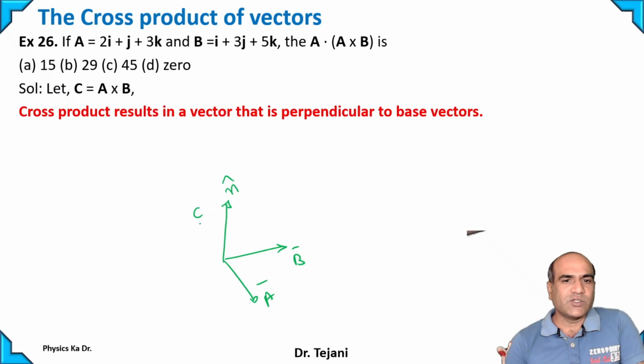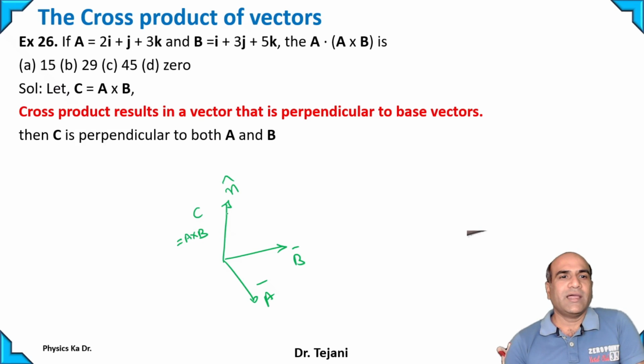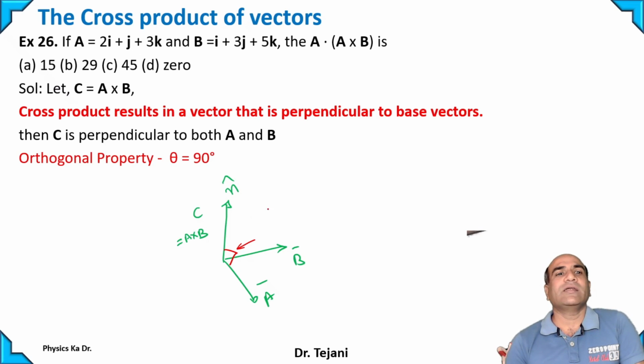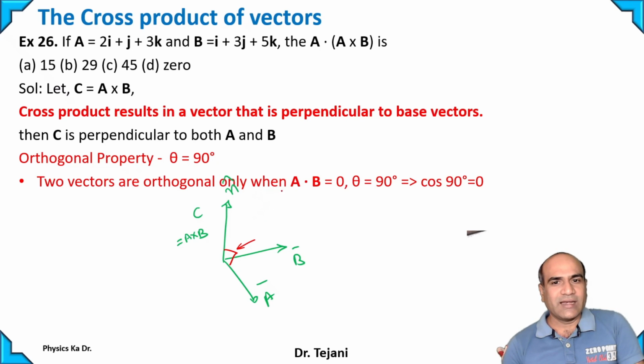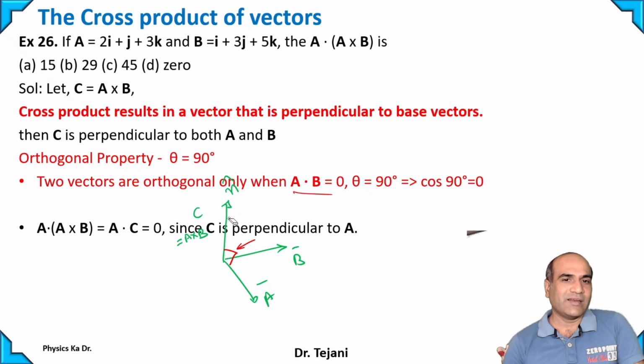And this is C, assume C is equal to A cross B, and C and A both are making a 90 degree angle. Because of the orthogonality property, the dot product is 0 when the angle is 90 degree, and therefore the final answer is 0.